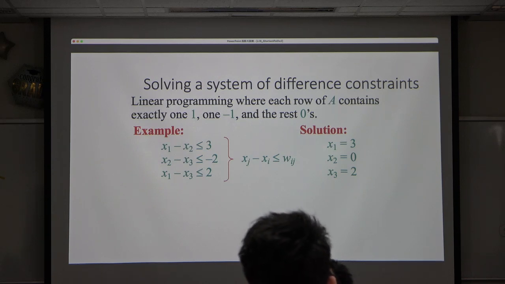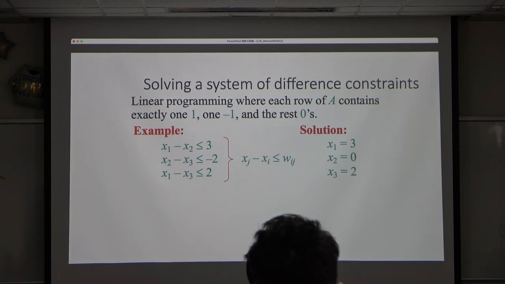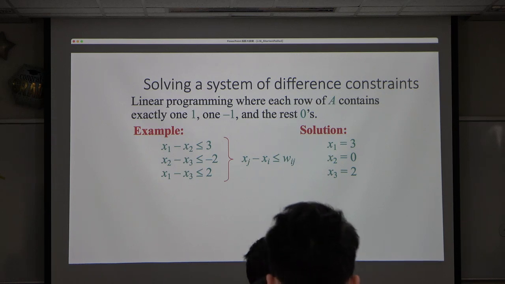It's 0, right? And what is the shortest path from S to V2? Well, it looks like it's 0, too. And what is the shortest path from S to V3? It's this one to here. It's -2, right?